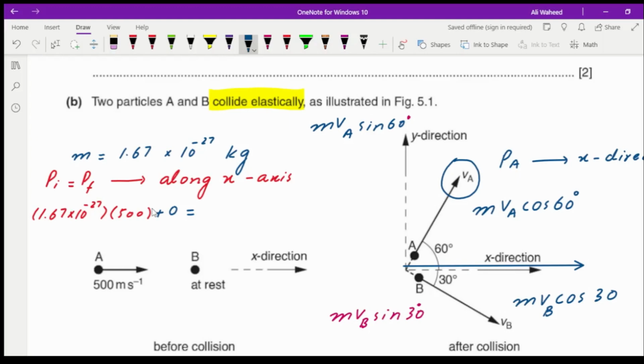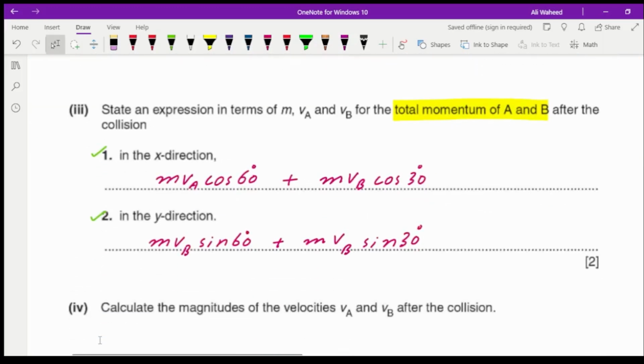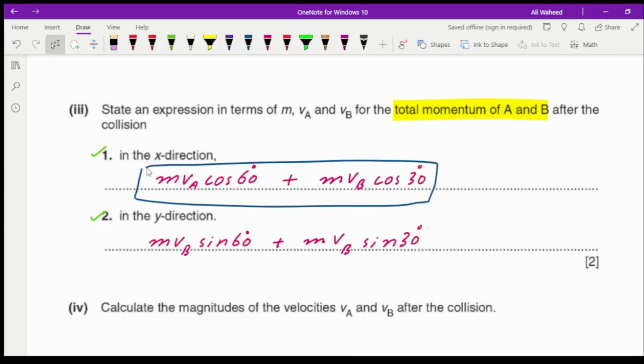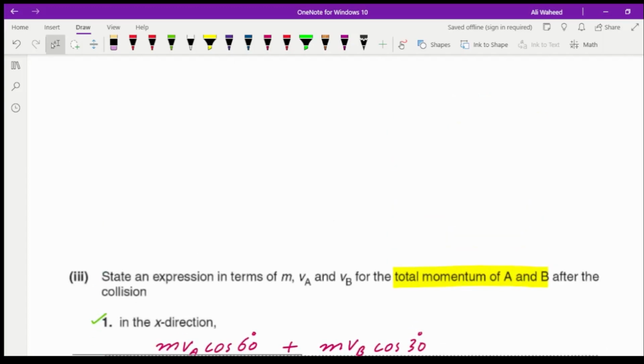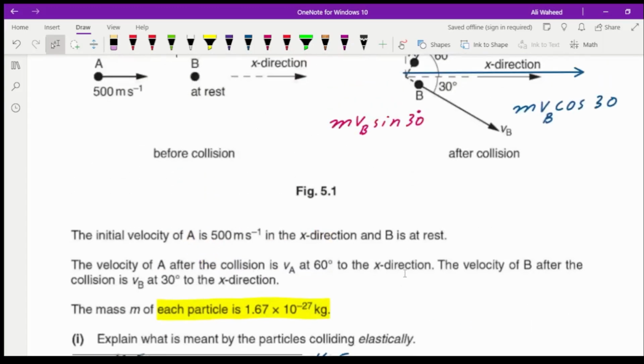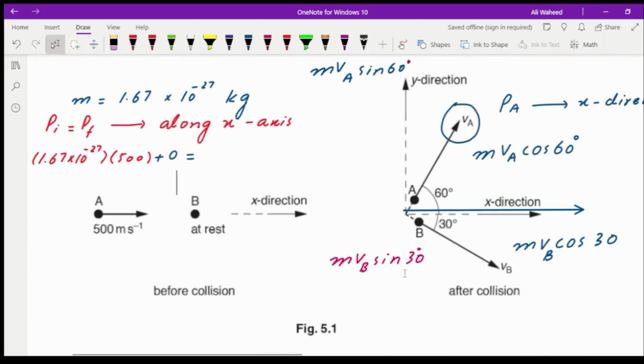And what is the total momentum after collision but along the x-axis? Well, as a matter of fact, we even formed the expression. You see, total momentum after collision along x-axis: MVA cos 60 plus MVB cos 30. And the mass would eventually be cancelled out. So I'm not writing plus 0 because that would amount to nothing.